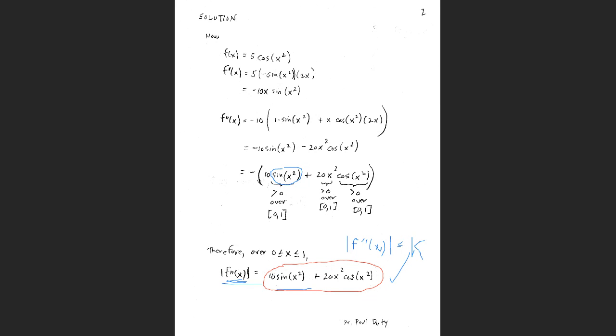Got to be a little careful here. Actually, it looks like it's increasing to me. But here's what I want to tell you. If we were to say this second derivative increases from 0 to 1, hold on now.